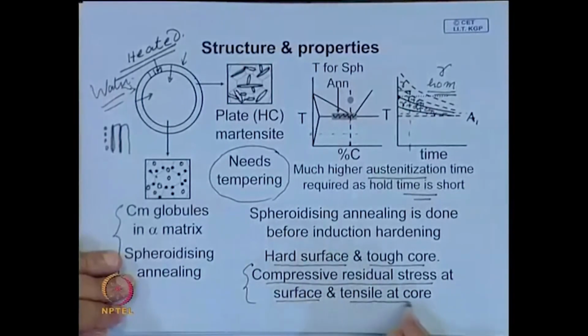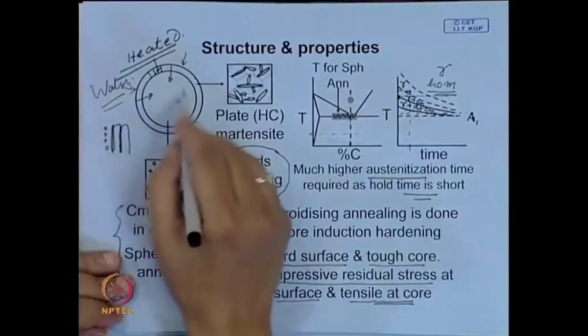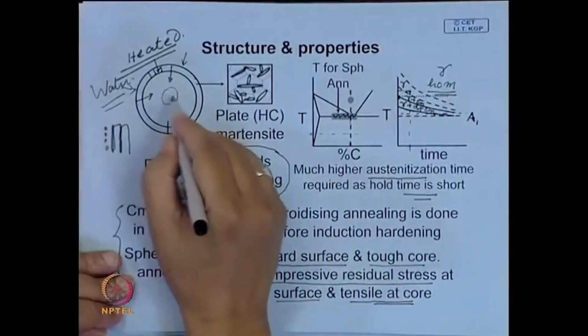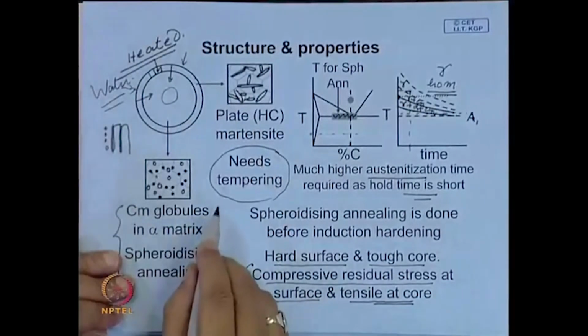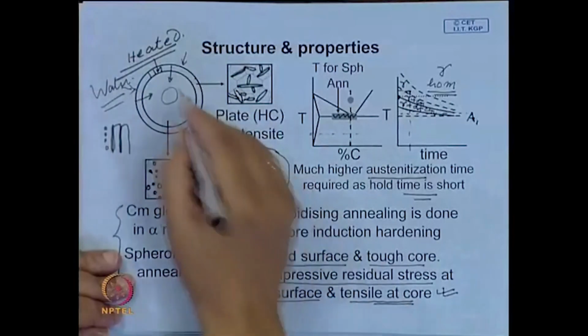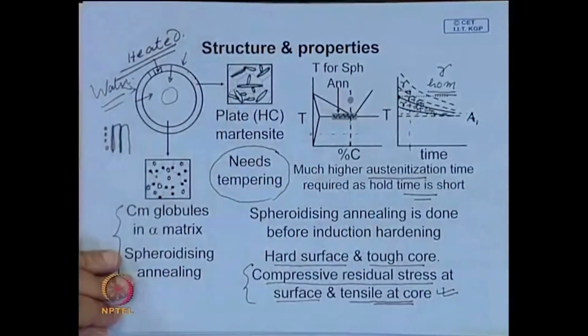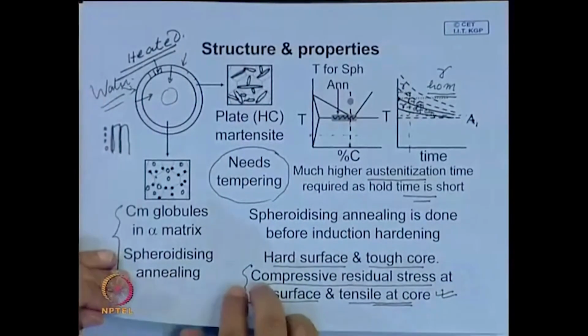In fact, in the core there will be tensile stress, and in components, particularly a shaft, the core stresses are very low. So, you can afford to have a little tensile stress at the core, but not at the surface, because the surface is the most highly stressed part of the component.